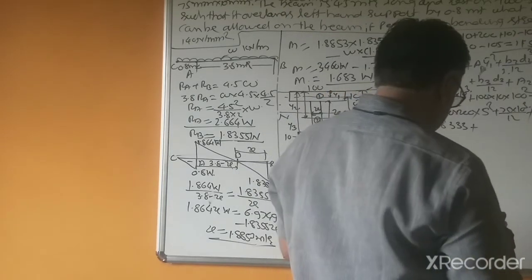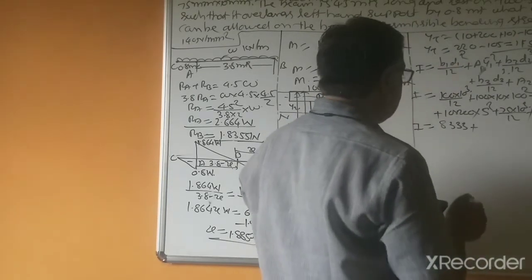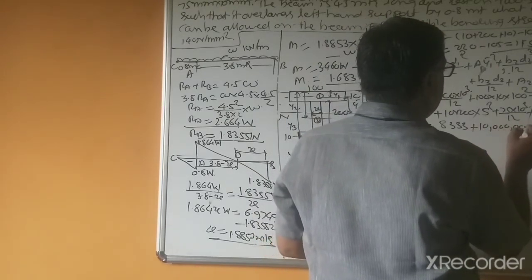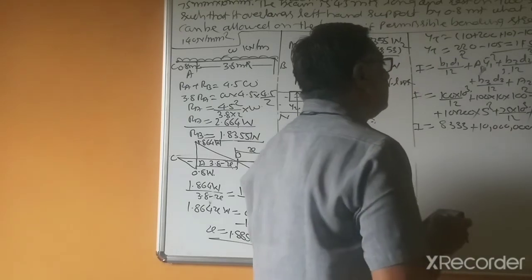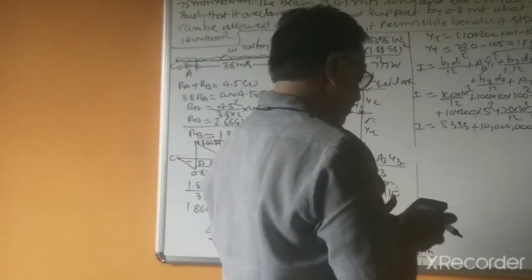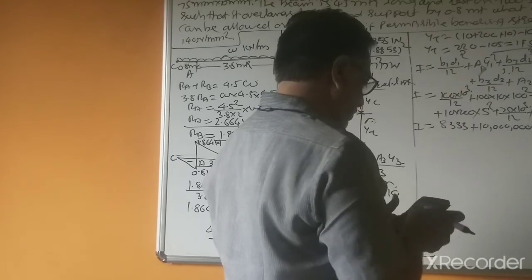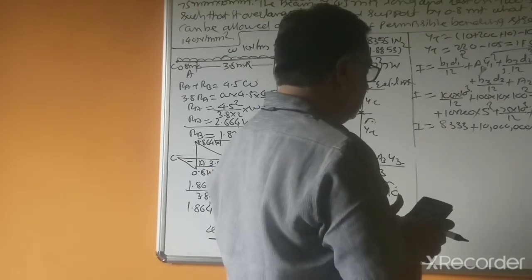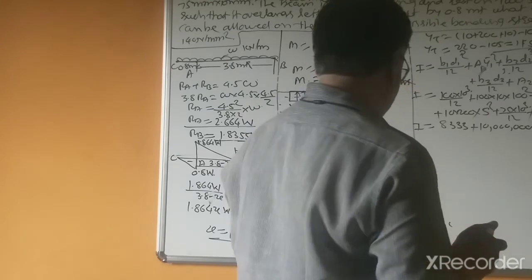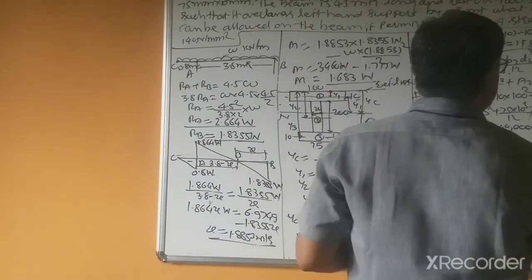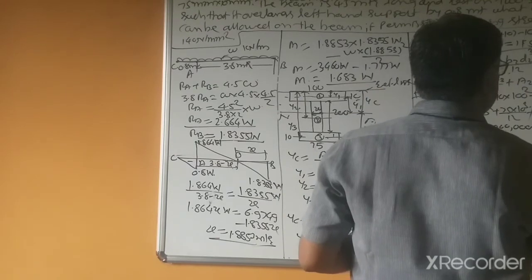This is 10 lakh. Plus 10 into 200 cube divided by 12. This is 6,666.